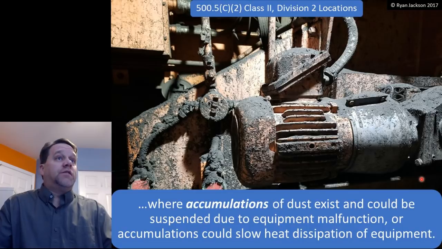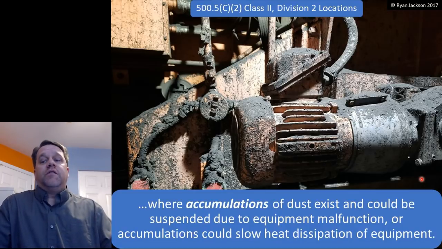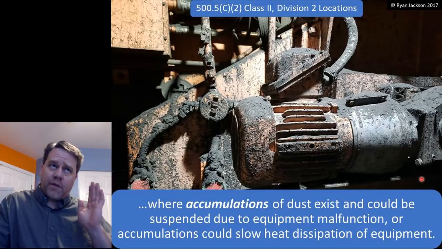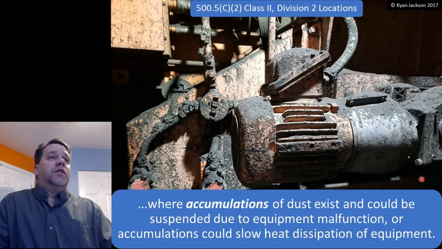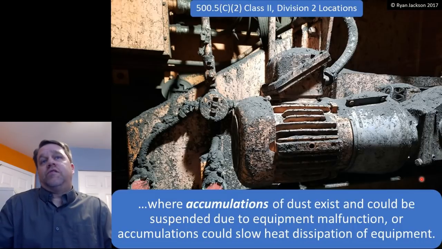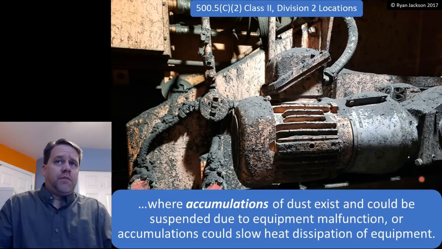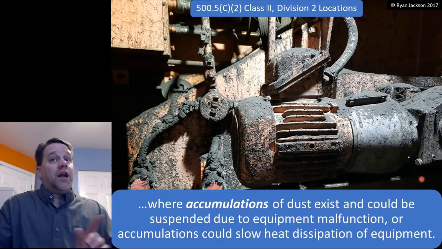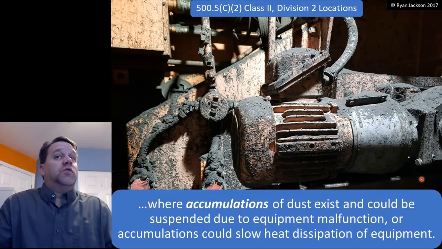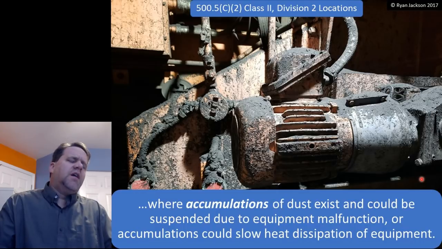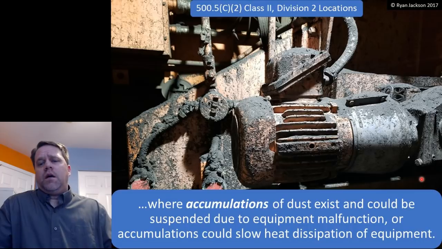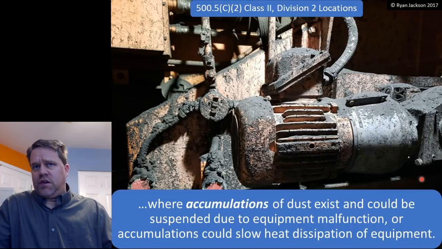And believe it or not, they actually clean this place very, very often. This is a pretty clean Class 2 location. But we have combustible dust accumulations, and that probably will affect the heat dissipation of this motor. So that's going to be, at a minimum, a Class 2 Division 2 location. There's a big difference between combustible dust accumulations and combustible dust suspensions, and that's your Division 2 versus Division 1.